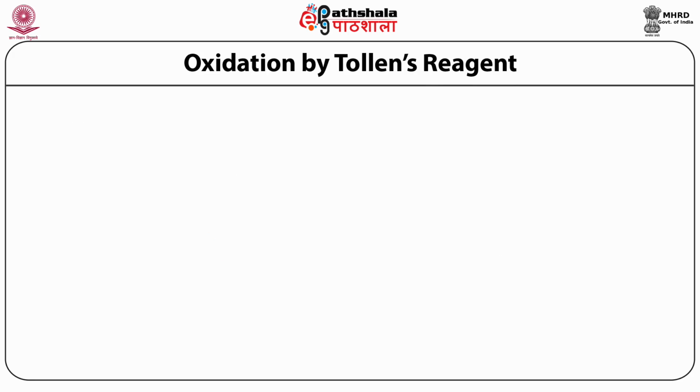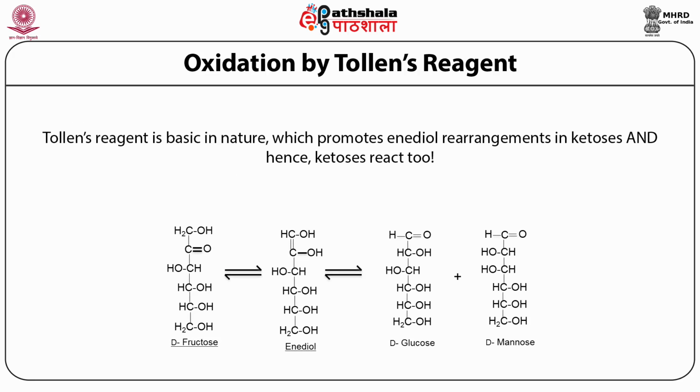So because Tollen's reagent is basic in nature, and as I said before, it promotes enediol rearrangement in ketoses, because of that, the ketoses will react positive with Tollen's reagent. And so here you see what happens to fructose when Tollen's reagent is added to a solution that contains fructose. So fructose will be converted to a 1,2 enediol.